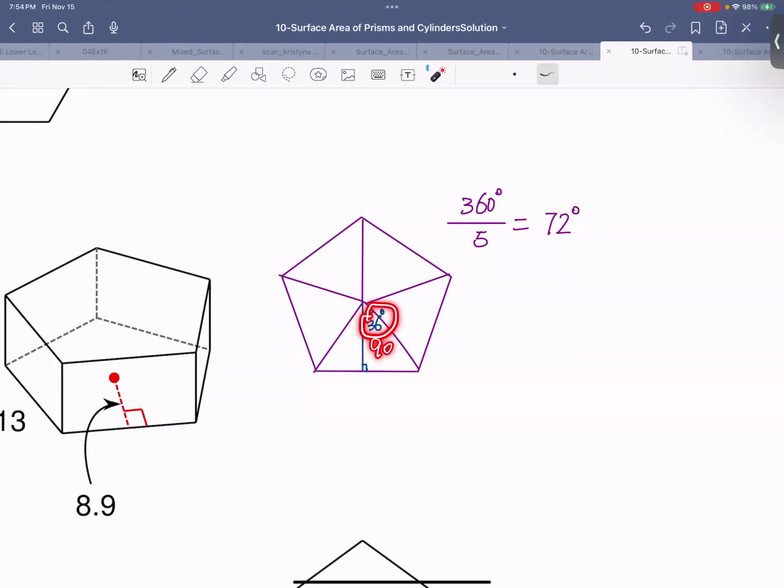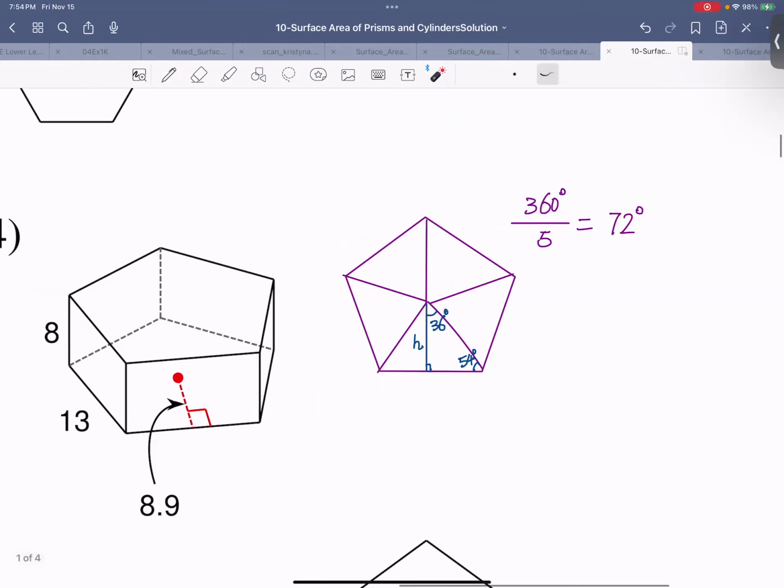So then 90 minus 36 is equal to 54. Okay. And then you call this guy H. Each side is 13. So how much is that part? 6.5. Good.